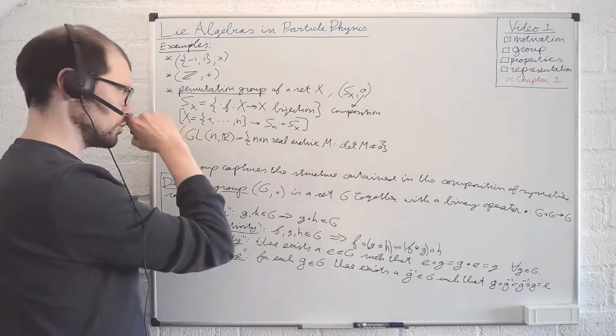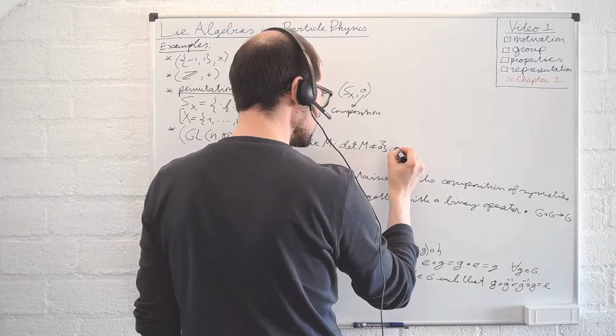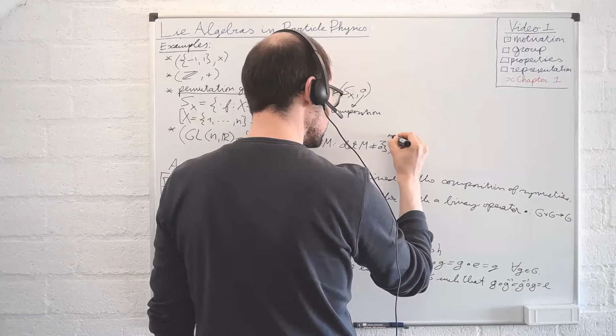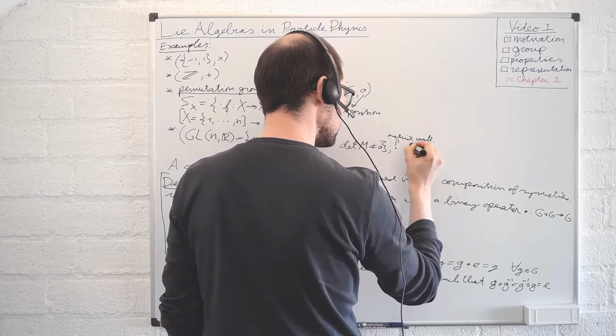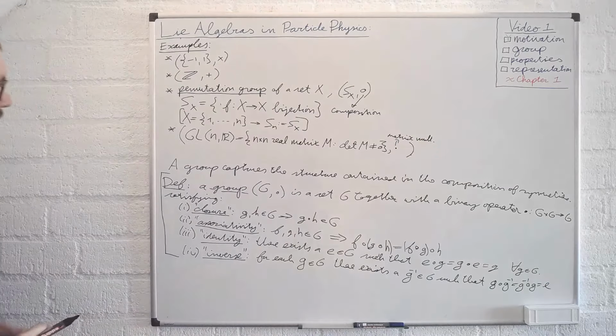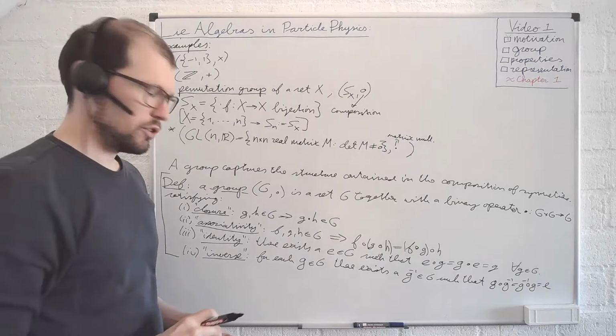So it's invertible, and the operation is matrix multiplication. I claim that these are four different examples of groups.